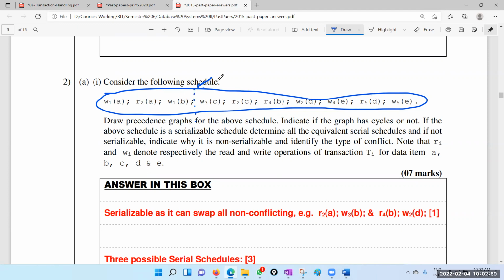So W3, no more W3. You can assume that after this step, transaction 3 is committed. At this step, transaction 2 is committed. Okay, and at this point, transaction 4 is committed, and transaction 5 is committed here. That is what is meant by at the last step, assume that it is committed.